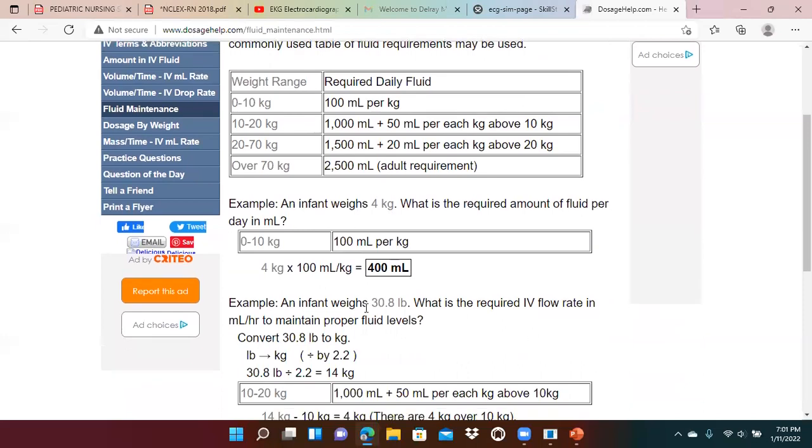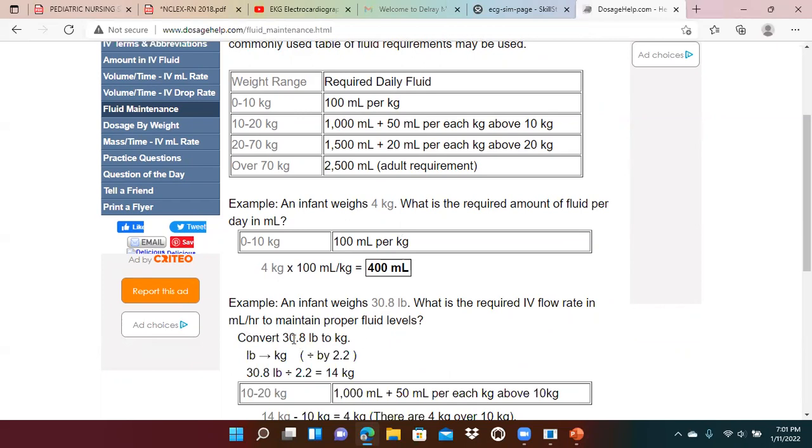Another example here, an infant body weight is 30.8 pound. So first of all, pound needs to be converted to kilogram because the formula says kilogram. What is the required IV fluid rate in ml per hour to maintain proper fluid level?